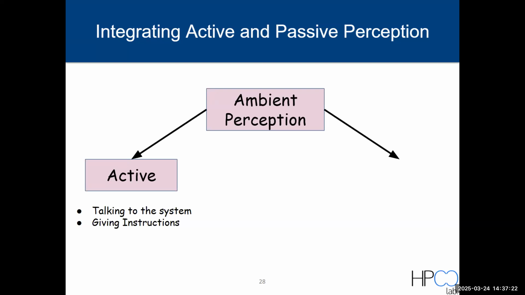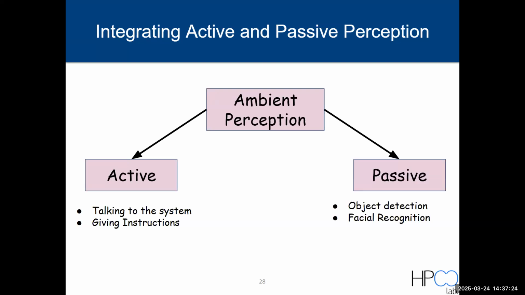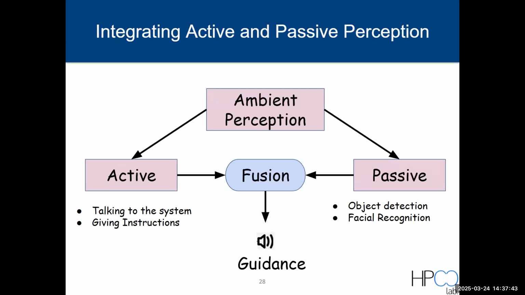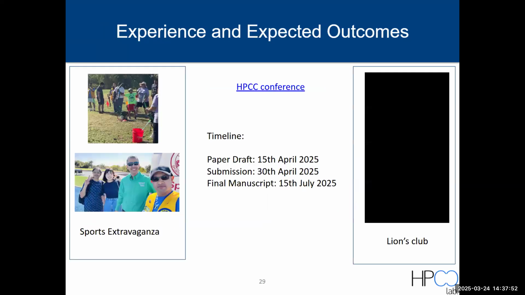But passive is something where you don't need to trigger the system; rather, the model responds to you, like object detection or facial recognition. For BVI, both are needed, so you fuse both to get proper guidance. So in the third contribution, we're integrating active and passive perception.